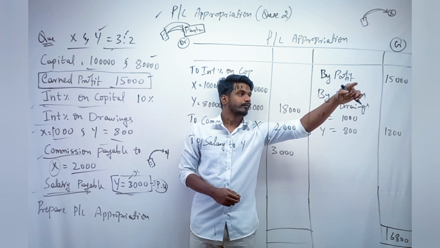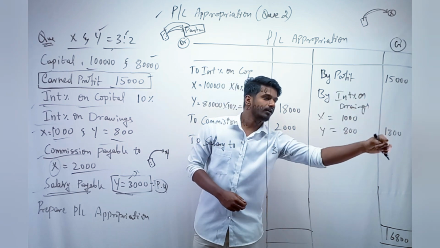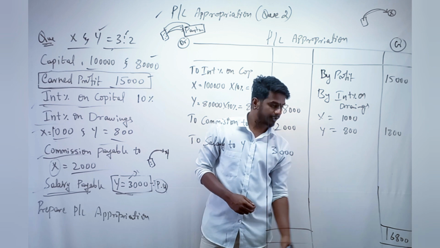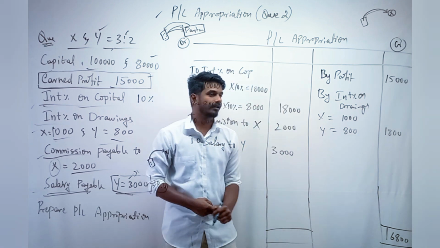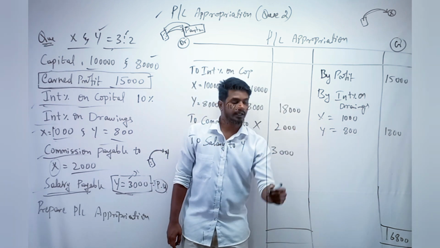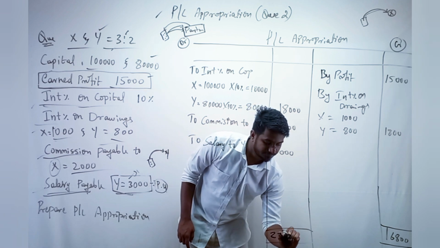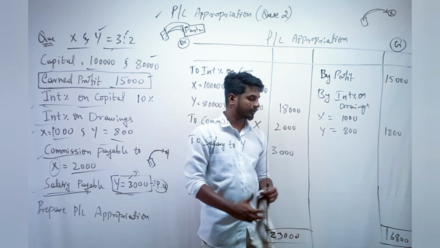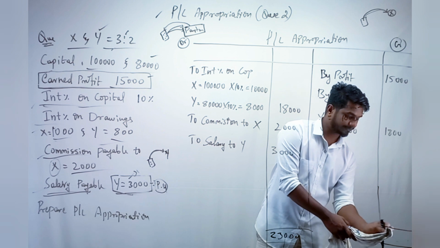That side is 15,000 profit and interest on drawings. That's it, right? This side is more, 23,000 is there.